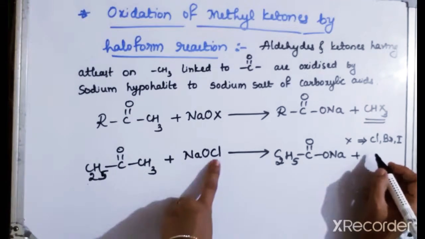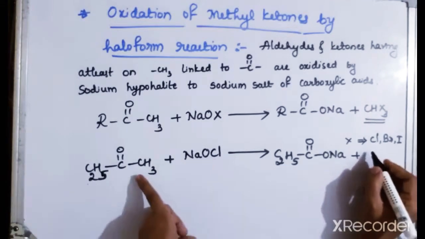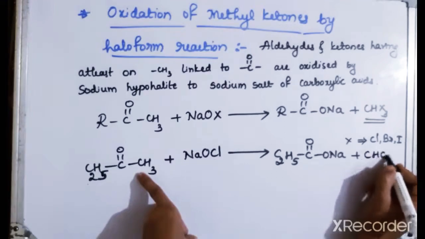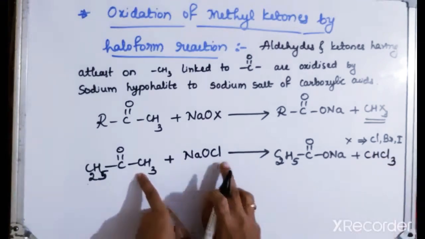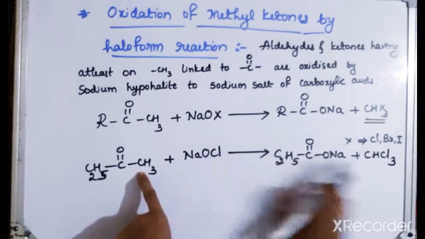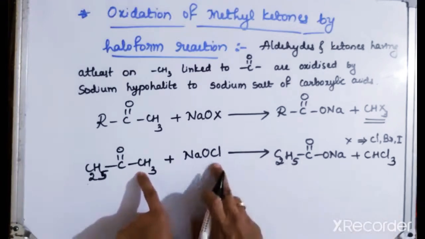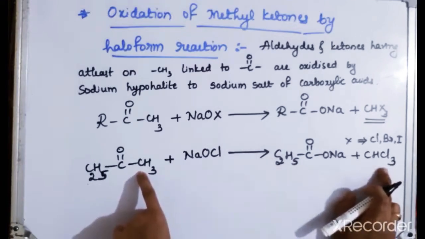Here I have taken chlorine, so there is a formation of chloroform. Chloroform is having formula CHCl3. If instead of Cl, if I take here Br, I will be getting bromoform. If it is iodine, I will be getting iodoform, CHI3.